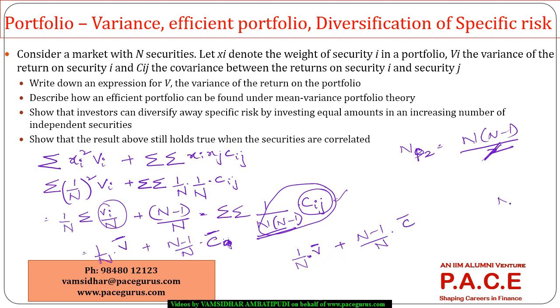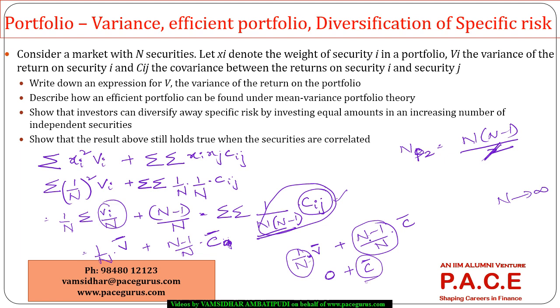Now again, as n goes very large, tending to infinity, 1 by n tends to 0, so this part of the variance comes out to be 0, whereas here n minus 1 by n will tend to 1. So overall the variance approaches the average covariance.